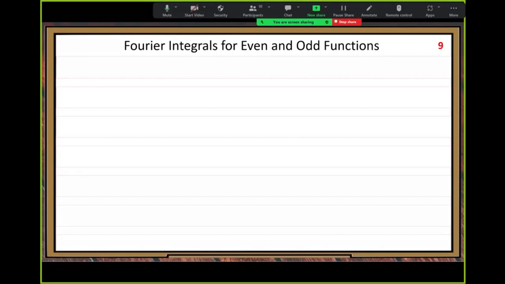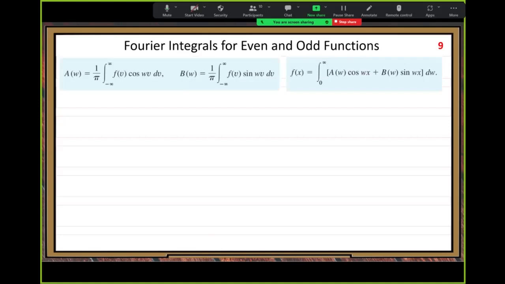You can see that these two types of special simple functions play a very important role here. So we continue. This time we get to the Fourier integrals.